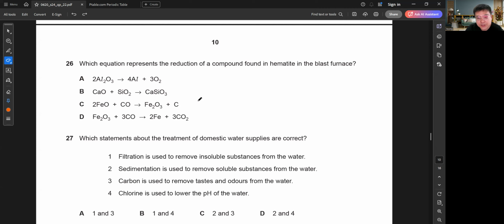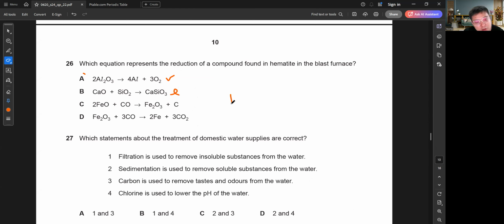Hematite in a blast furnace. So let's see. A looks like it lost an oxygen, right? One moment, because at first here aluminium is stuck together, but let's just continue first.